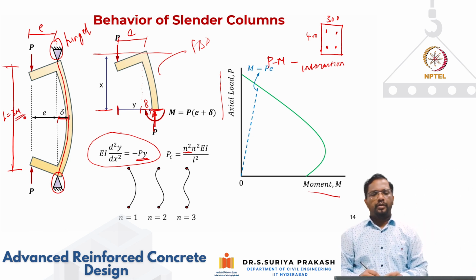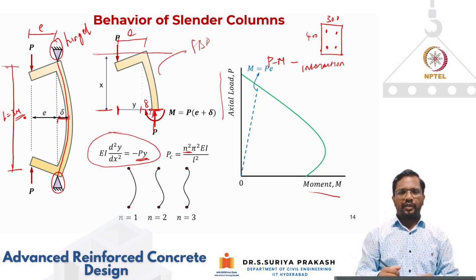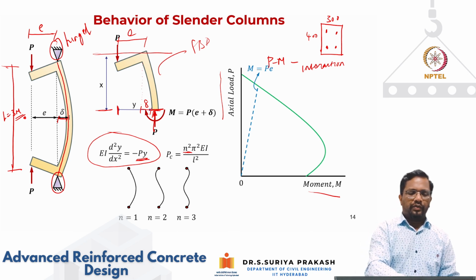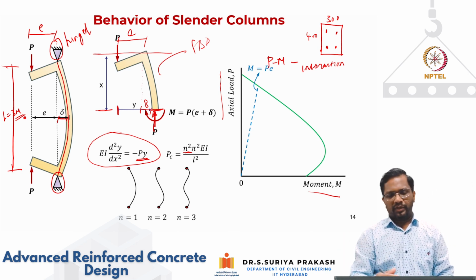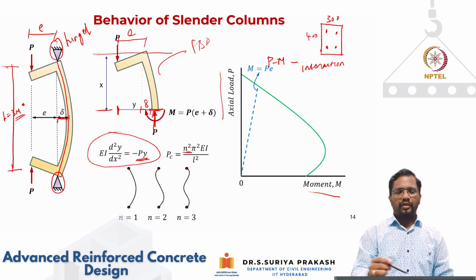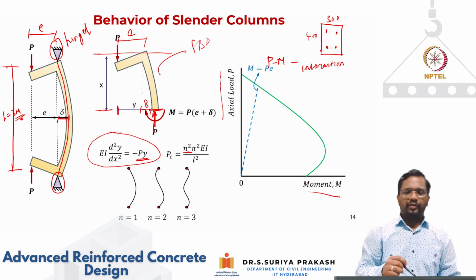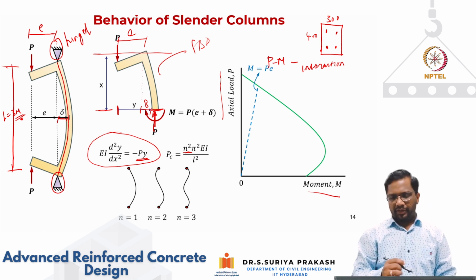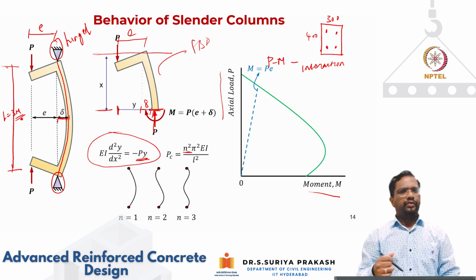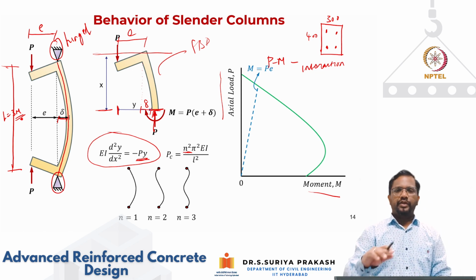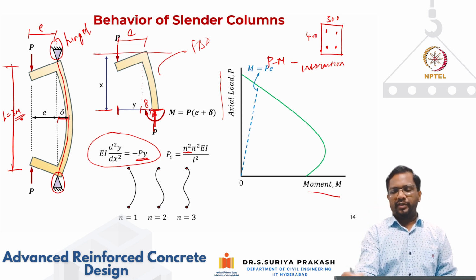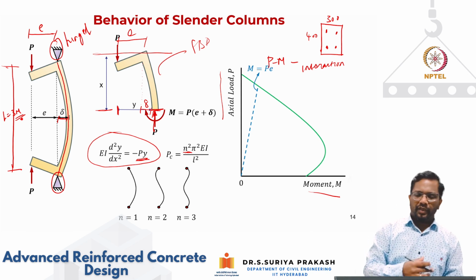If the column is 3 meters and you have dimensions of 300 mm by 400 mm, which is quite robust, then in this case your effective length will be the same as your L. For a hinged condition, your effective length will be equal to your L, which is 3 meters. So as per IS 456 also, you'll find that this column is actually a short column because 3000 divided by the major axis dimension, 400, is going to be less than 12.